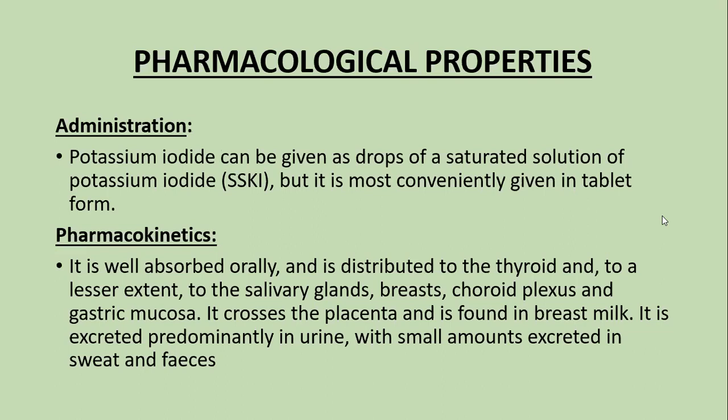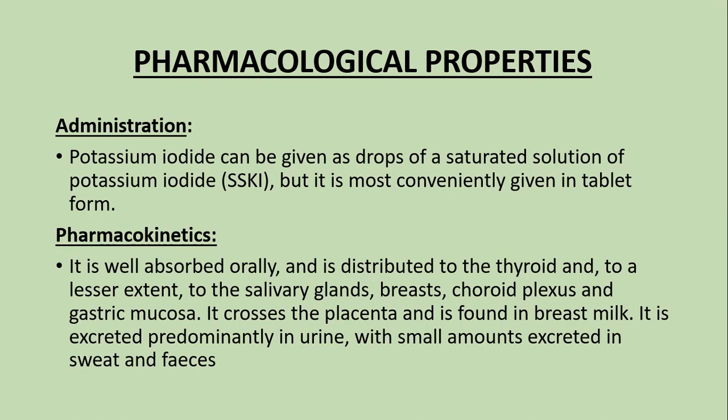Pharmacological properties. Potassium iodide is given as drops of saturated solution of potassium iodide known as SSKI, but is most conveniently given in tablet form. Pharmacokinetics: well absorbed orally and distributed to the thyroid and, to a lesser extent, to the salivary gland, breast, choroid plexus, and gastric mucosa. It crosses the placenta and is found in breast milk.